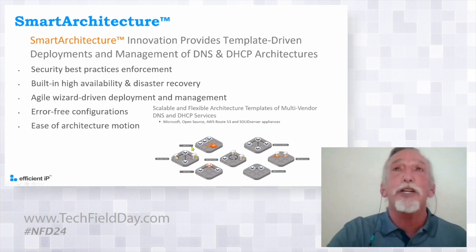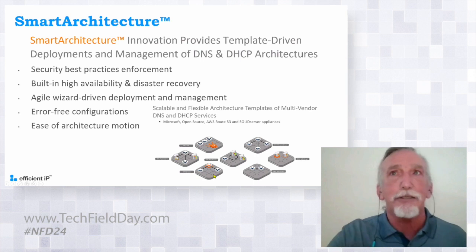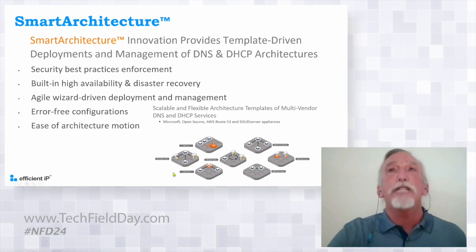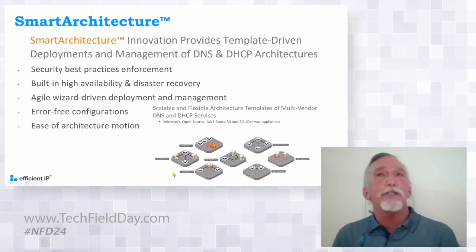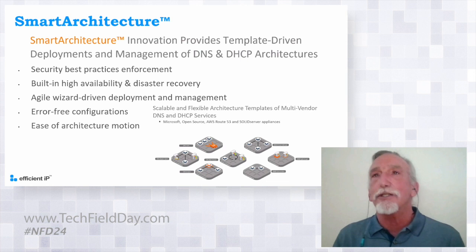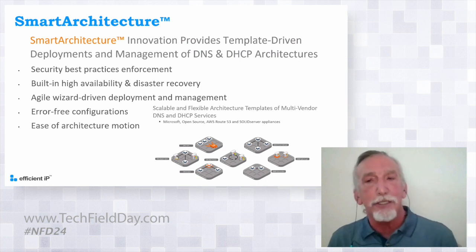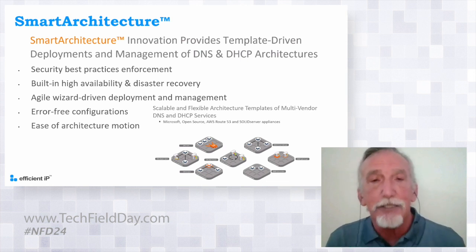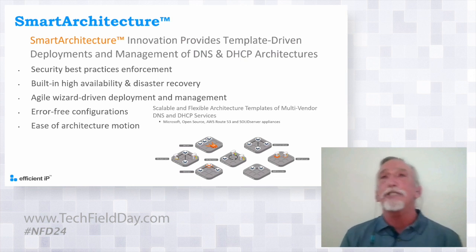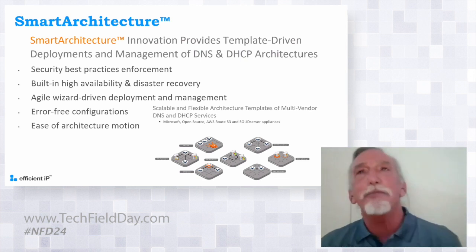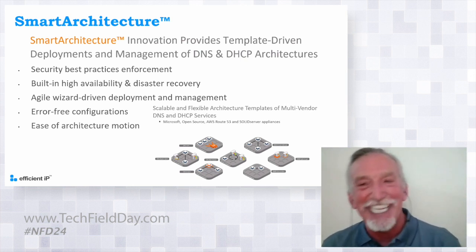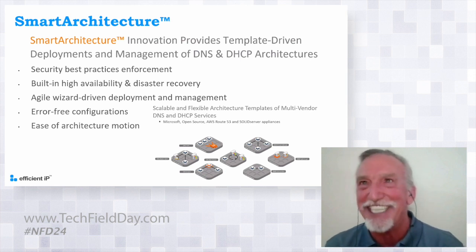So these are the smart architectures that the wizards will take you through as far as the configuration, multi-master, all of those. And then you're just able to add servers in and out, whether they are our servers or Bind servers or Microsoft servers or, as Peter mentioned earlier, Docker containers nowadays, or even competitive servers can be added in or out of a smart architecture, right?